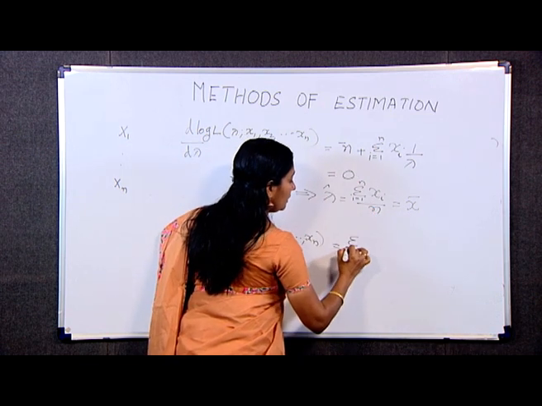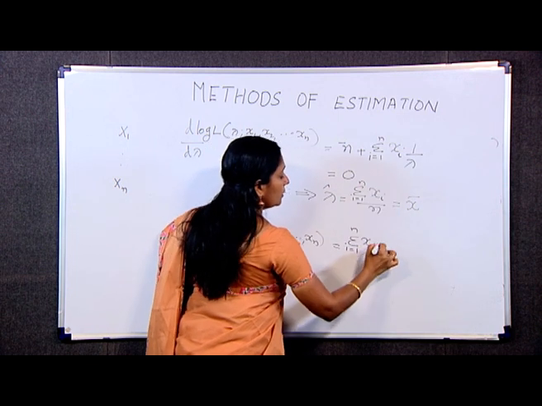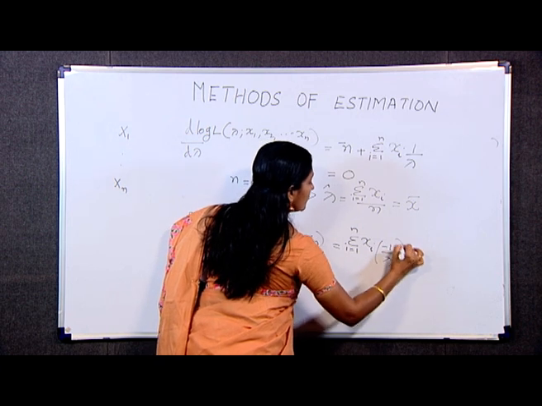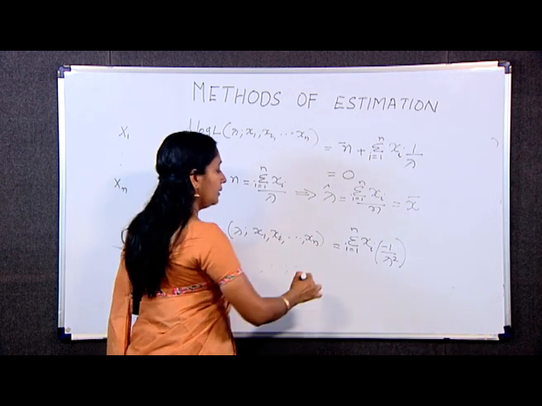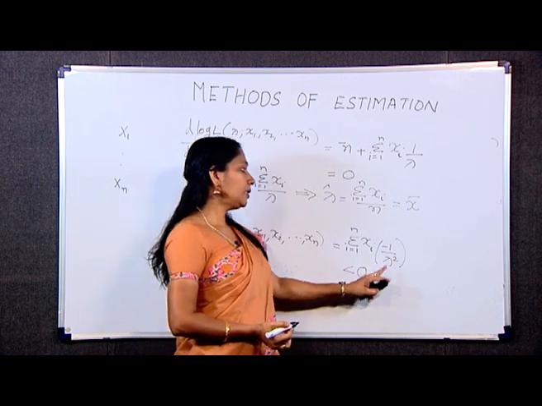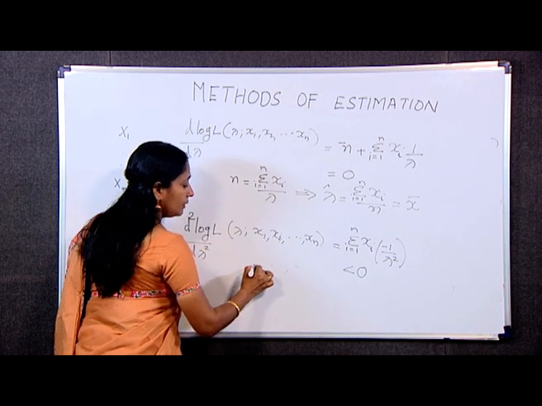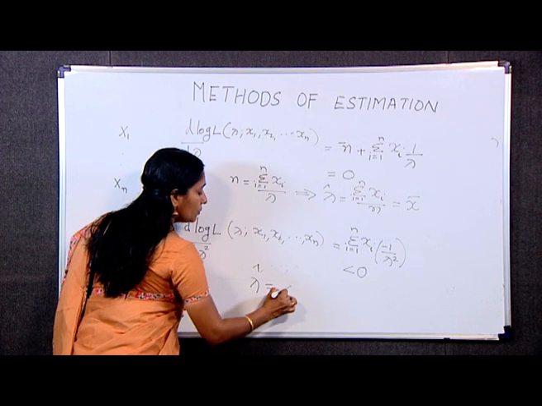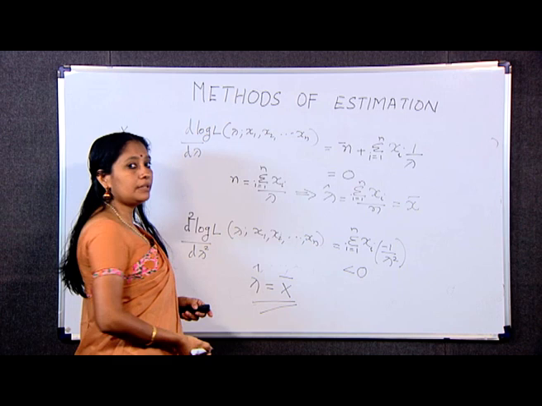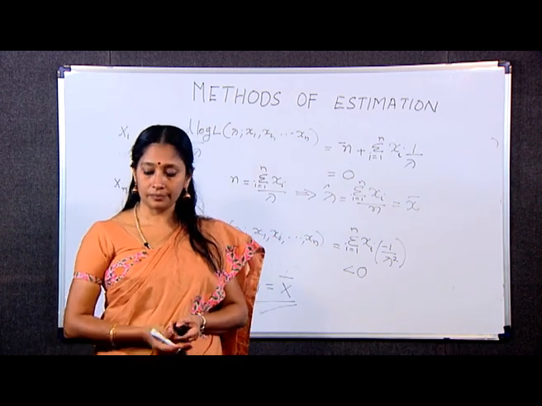The second term we have summation i is equal to 1 to n xi into derivative of 1 by lambda, it is minus 1 by lambda square, and this is always less than 0 when lambda is equal to x bar, and hence the maximum likelihood estimator lambda hat is equal to the sample mean x bar for the parameter of the Poisson distribution.